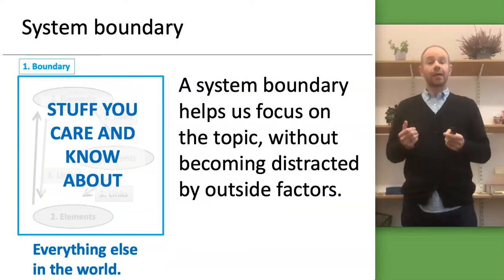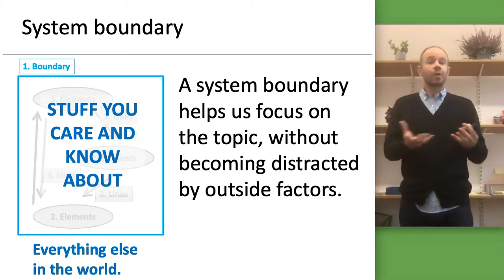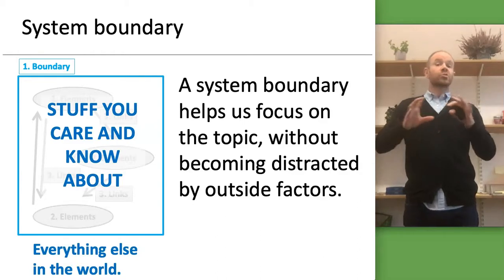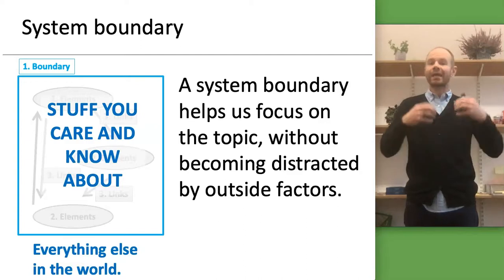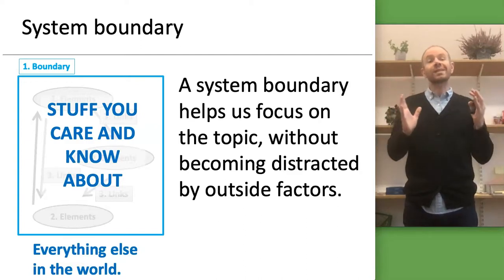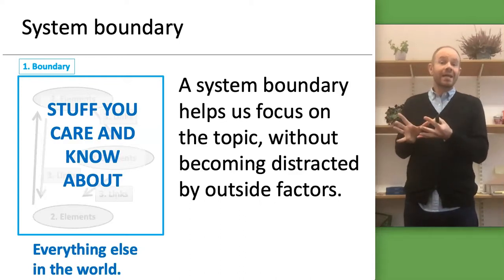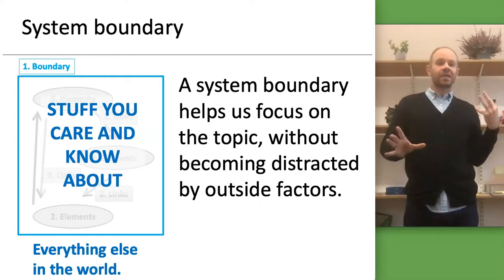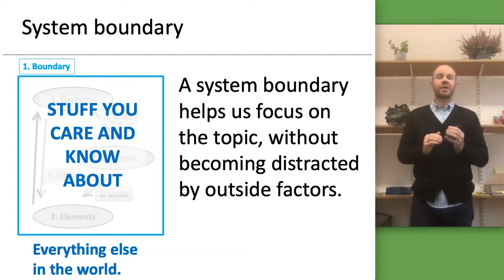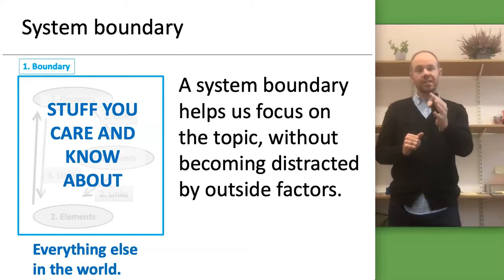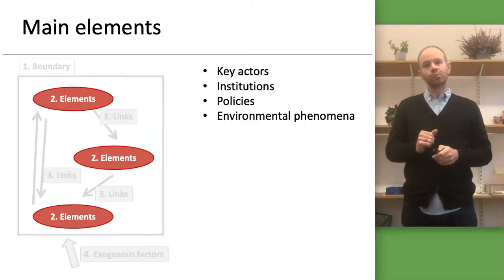So let's look really briefly at some of these. The boundary helps us focus on the topic without becoming too distracted by outside factors. Like I said, everything ultimately is connected, but we can't look at the entire world all the time when we want to look at a smaller problem. So within the boundary is the stuff we care about, and outside of it is everything else. We set up this boundary in order to focus on what we think is really important for the system we're looking at.